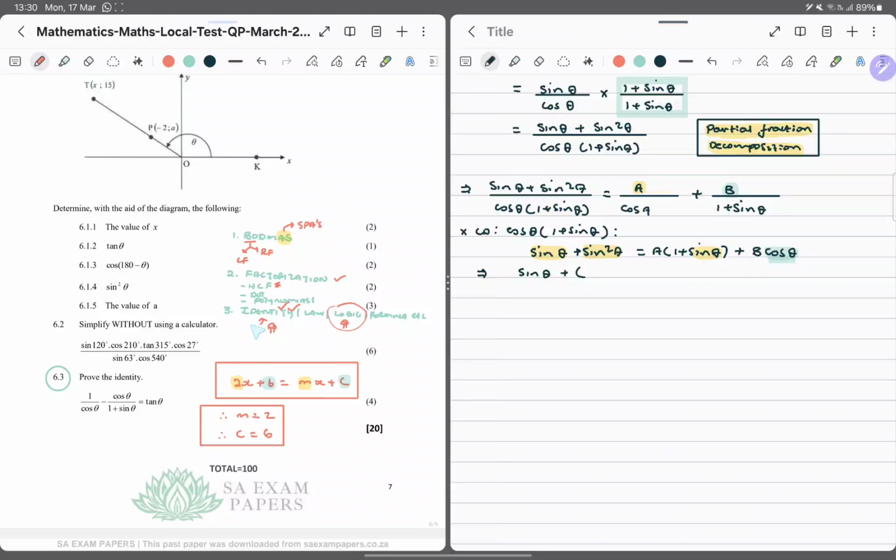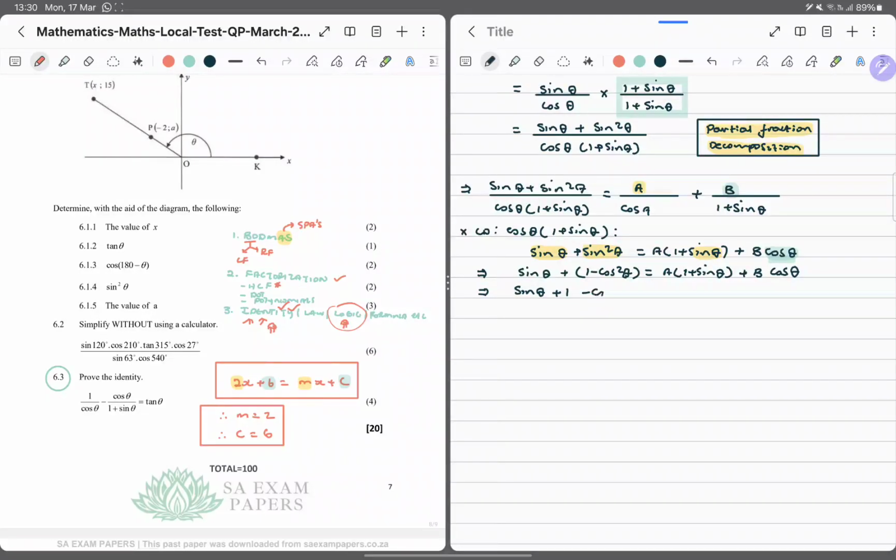Now we use our identities again. Sine squared is basically 1 minus cos squared theta, because we want that cos theta to come out, is equal to a plus 1 times sine theta plus b cos theta.